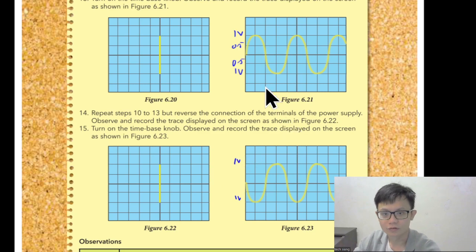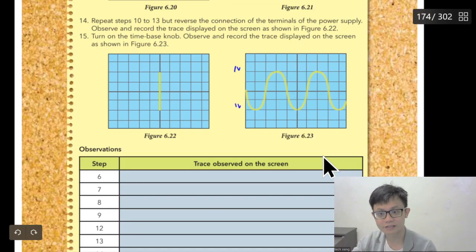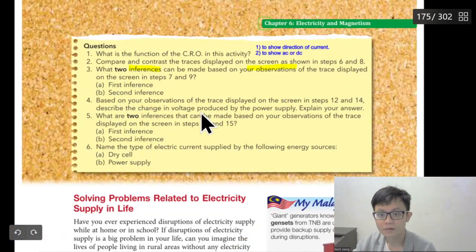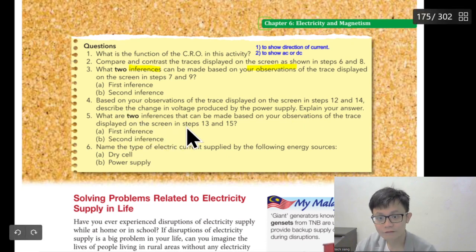Okay, so this is to answer question number 4. Explain your answer. Already explained, because it moves up and down, the voltage keeps on changing. What two inferences can be made on your observation, first inference and second inference?